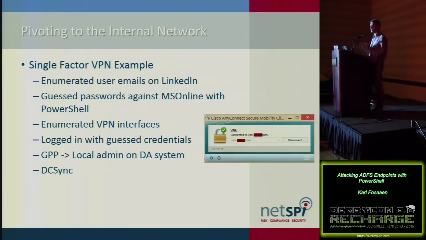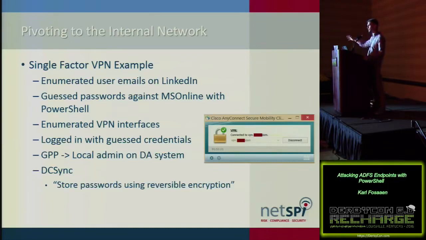I don't know how many internal pen testers in here have gotten to run into this yet, but the store passwords using reversible encryption, this is fantastic. So when you do a DC sync against a domain controller that has this flag set up, the client didn't actually know that they had this flag set, there's a pretty good chance that you're going to get most of the passwords back in clear text.